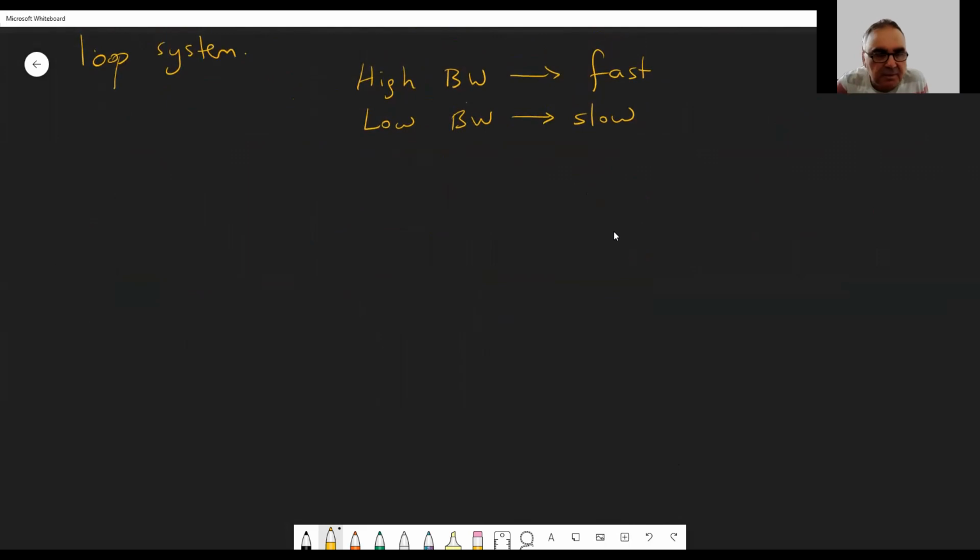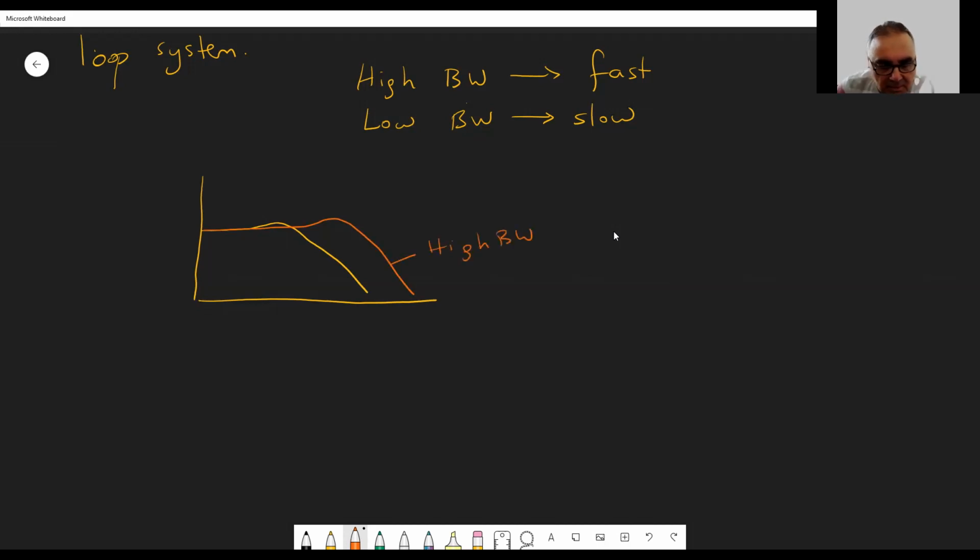Okay, so if I come to plot it, it will be something like this. If you have the frequency response of a system, let's say this is a low bandwidth system, and the other one is a high bandwidth system. This is low bandwidth.